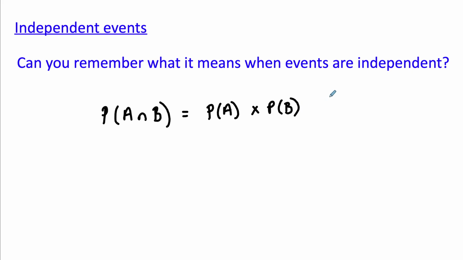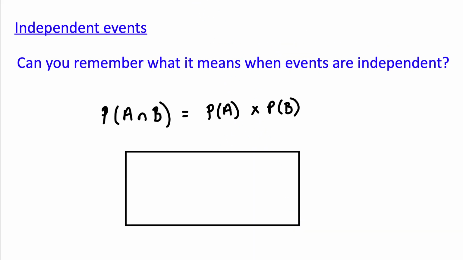And this is a formula that's really useful when we have independent events. I mentioned Venn diagrams. This can be used as a test for independence when we're working with Venn diagrams. If I just give you a quick example of that.